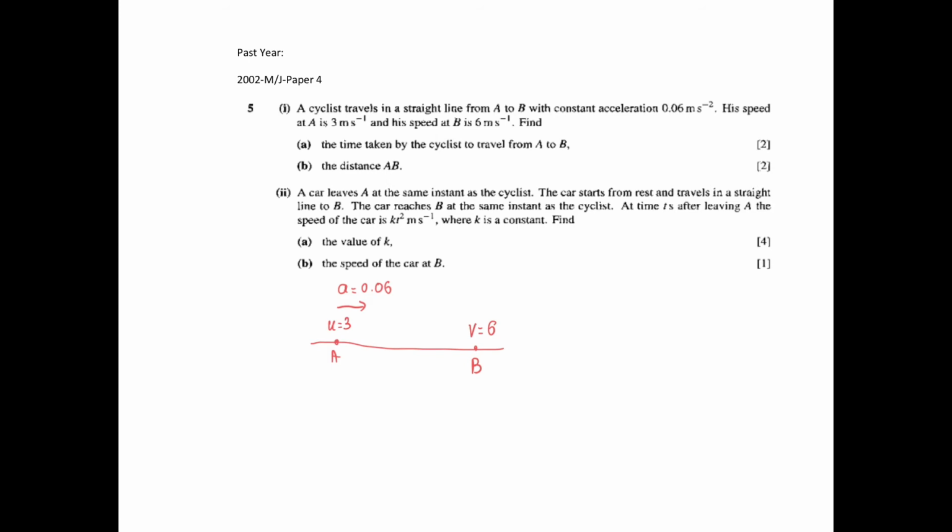So the formula we are supposed to use is v equal to u plus at. This is the formula with no s, and we substitute 6, 3, 0.06, and we find t. 3 equal to 0.06t, and we get t equal to 3 over 0.06.